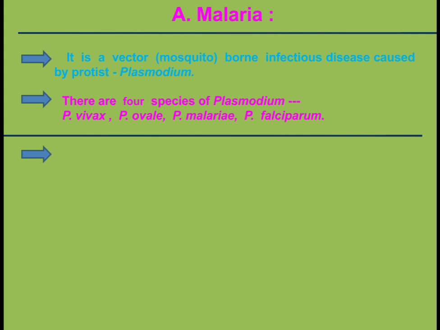Today we will discuss the disease malaria. But before discussing malaria, we should know the terms vector and parasite. Many pathogens use another organism, the vector, to reach us. These vectors are actually parasites which we regularly come across.